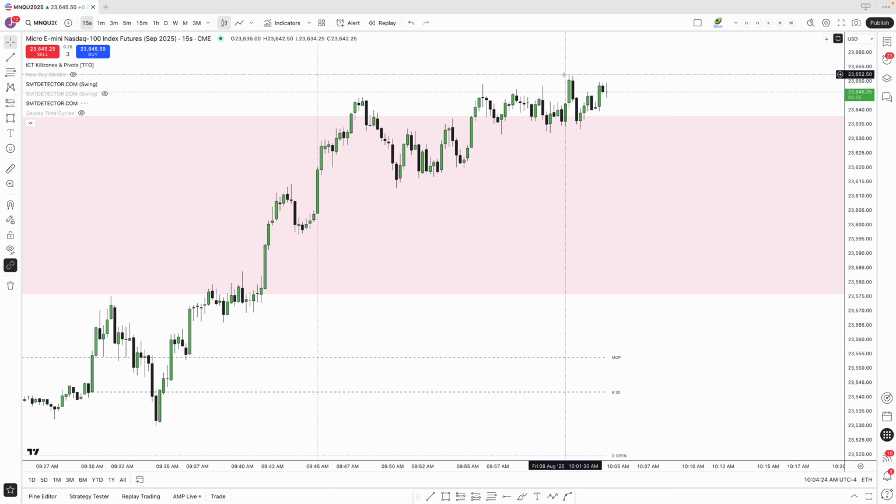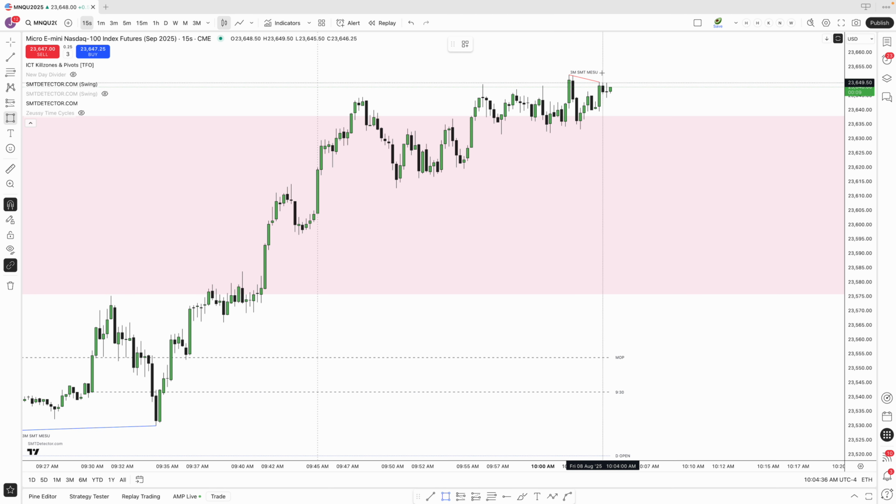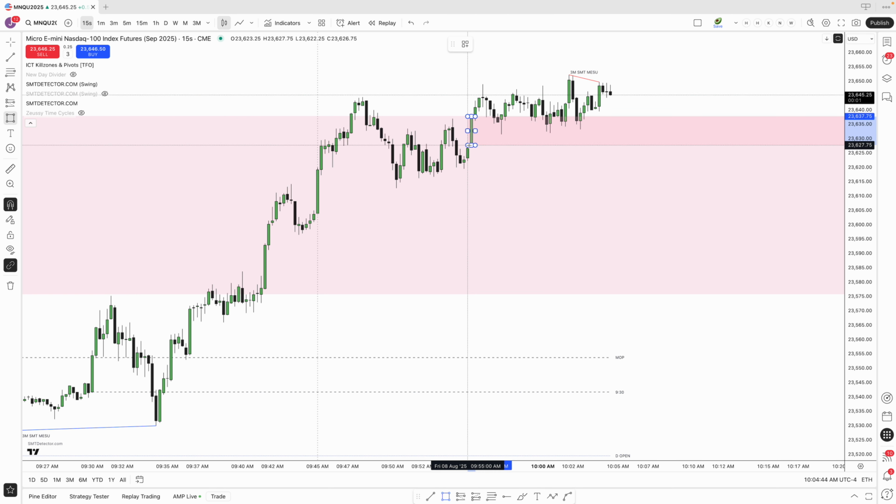And as long as NQ does not make the high, we can possibly take a short. So we have a nice level here. Right here is a good solid level. Nice solid level there to play as the CSD.